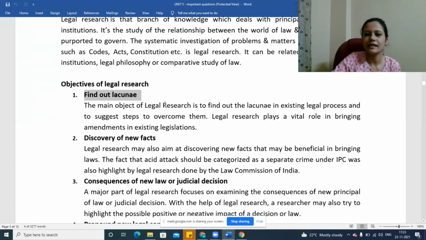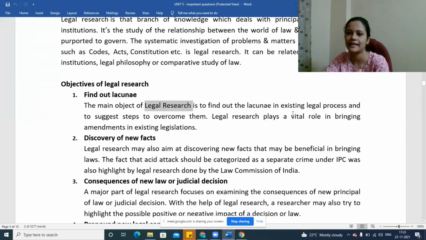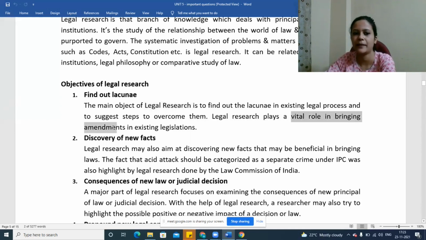That means legal research will try to find out what all problems are there in an existing law or an existing process, and try to address that. It plays a vital role in bringing amendments in existing legislations. When we already have a legislation in place, it really helps us understand what things are missing there, and based on that we can make the necessary changes as well.